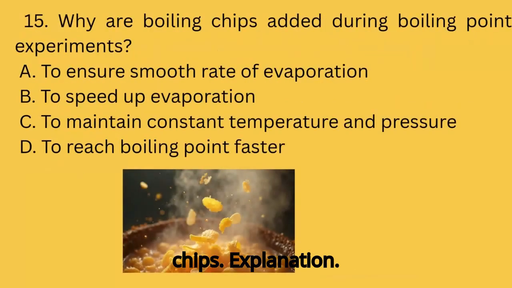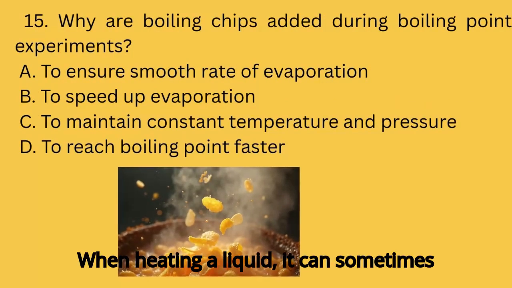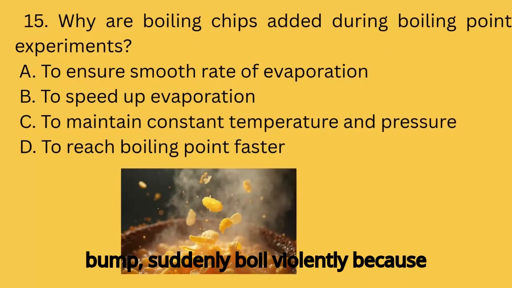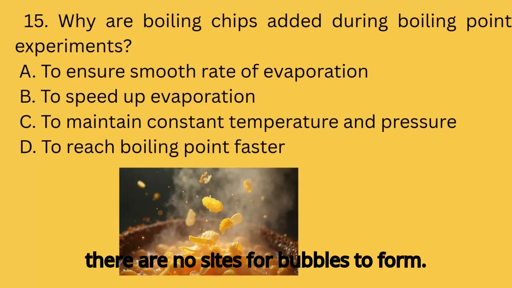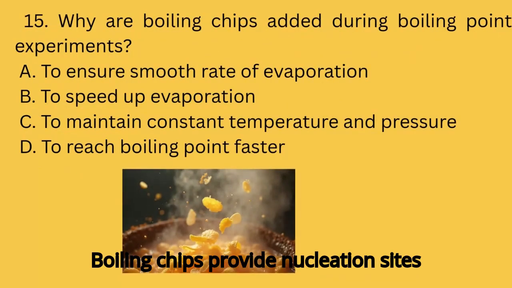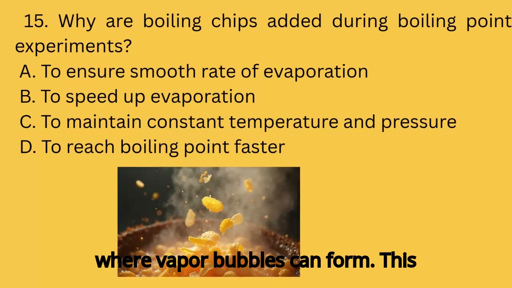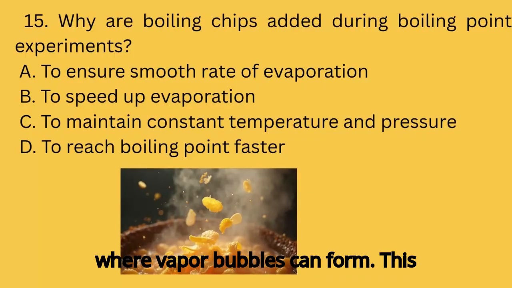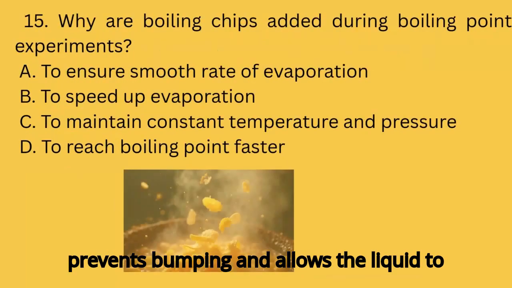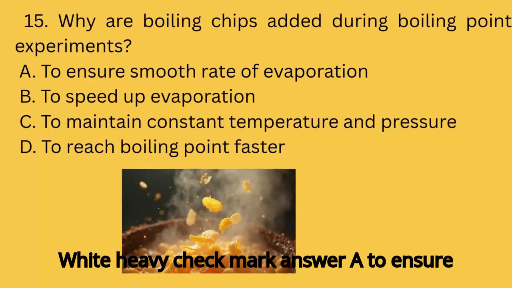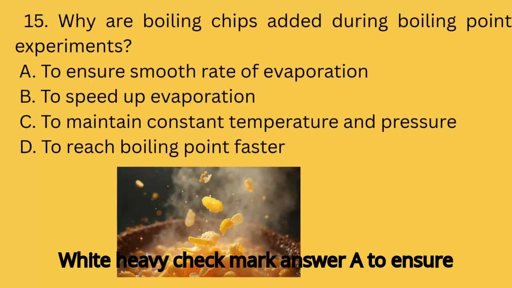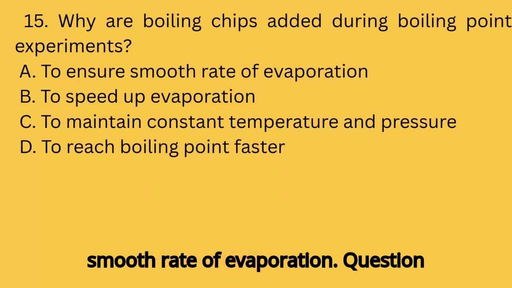Explanation: When heating a liquid, it can sometimes bump, suddenly boil violently, because there are no sites for bubbles to form. Boiling chips provide nucleation sites where vapor bubbles can form. This prevents bumping and allows the liquid to boil smoothly and evenly. Answer: A, to ensure smooth rate of evaporation.